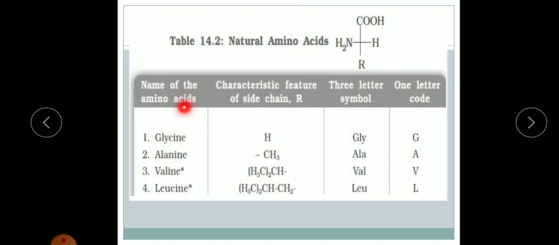The names of the amino acids are given according to the characteristic feature of the side chain, that means the R. If R is this, what will the structure be, what will the name be, the 3-letter symbol, how it is written, and the 1-letter code.